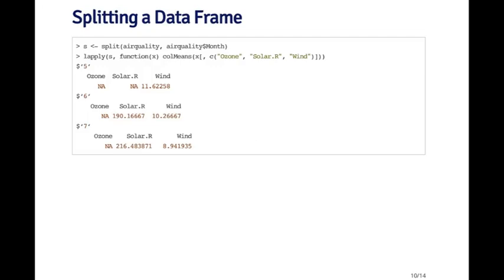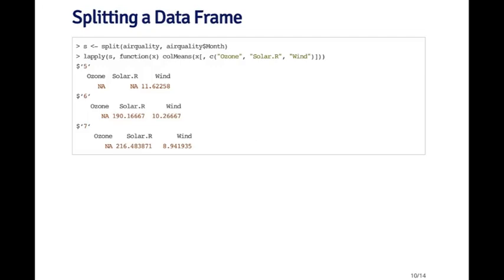So here I've split the airquality data frame according to the Month variable, and then I'm going to apply an anonymous function. What it does is it takes the column means of just the ozone, solar radiation, and wind. So I'm not going to take the mean of temperature here. I'm just going to take the column means of those 3 variables for each monthly data frame.